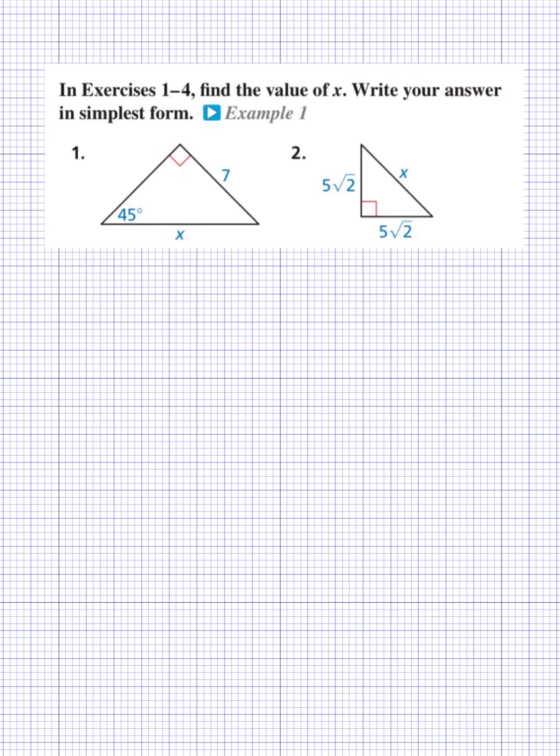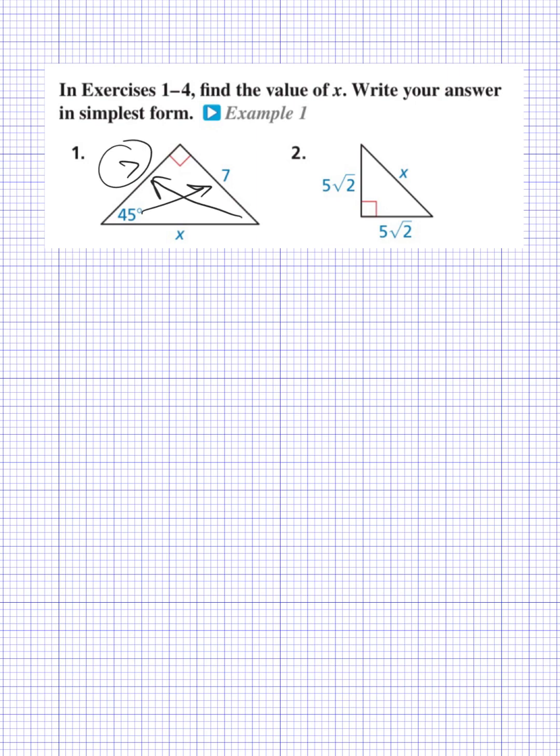Okay, so find the value of x. Write your answer in simplest form. So we see that we have a 45-degree angle here, which means this has to be 45 if that's 90. There's 180 degrees in a triangle. 180 minus 90 is 90. 90 minus 45 gives me 45. So we know this is a 45, 45-degree triangle, which means opposite legs are the same.